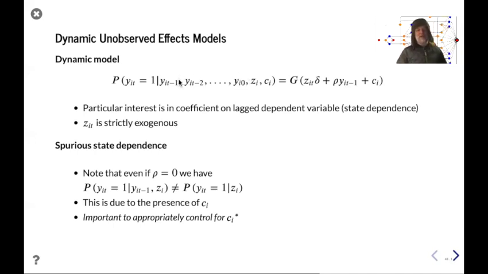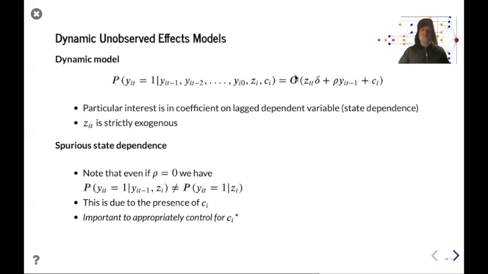It's only that particular lag. So you see here on the right hand side, there's no y_{t-2}. All these conditioning variables are captured by this variable alone. Now you may not like this assumption, and then you would need to include another lag. But this is really the leading case that we're looking at.